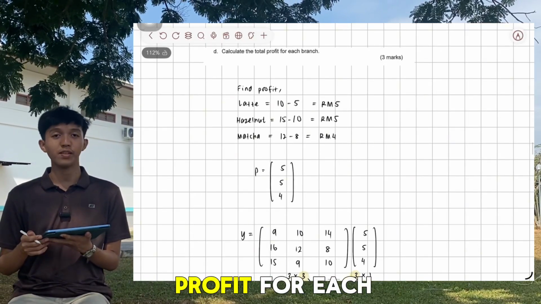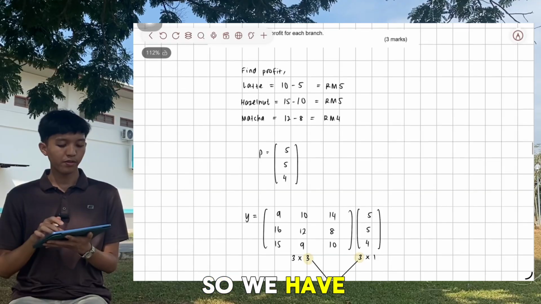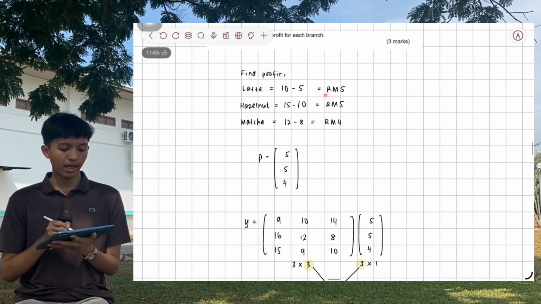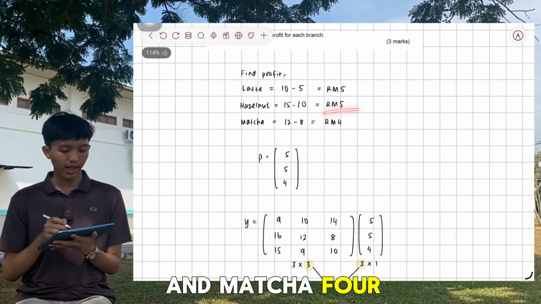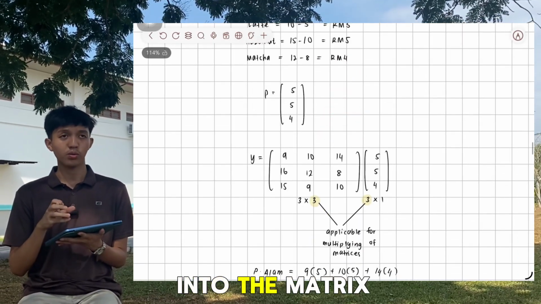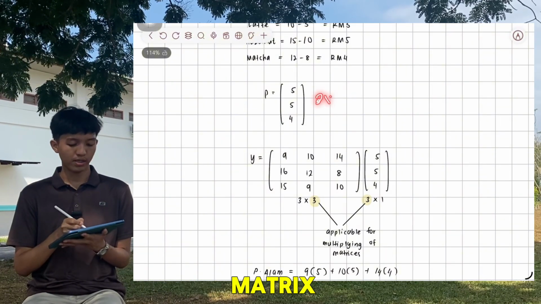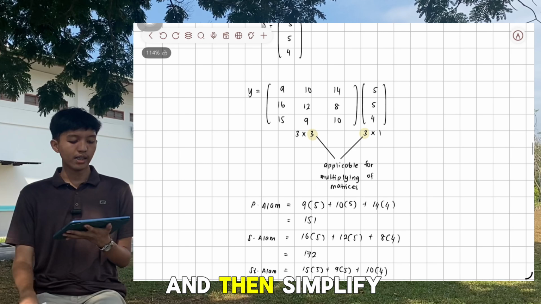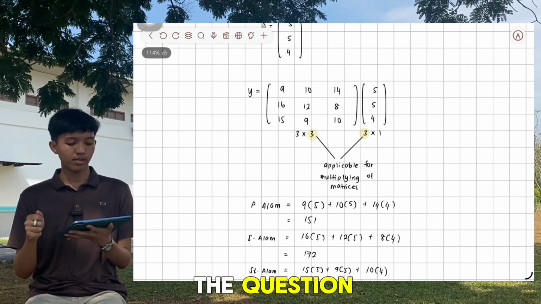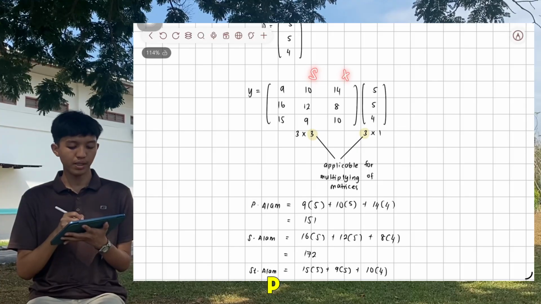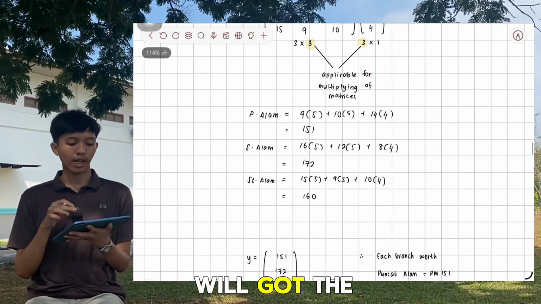Following question 1D: calculate the total profit for each branch. So we have to find the profit for each drink first, which is latte 5 ringgit, hazelnut 5 ringgit and matcha 4 ringgit, and form it into matrix form, which is a 3 by 1 matrix. Then we multiply matrix S times matrix P, and we get the answer.